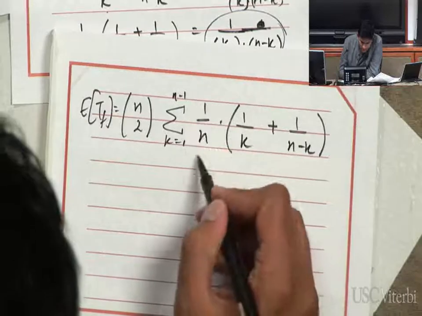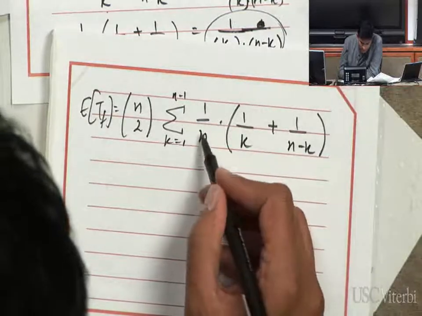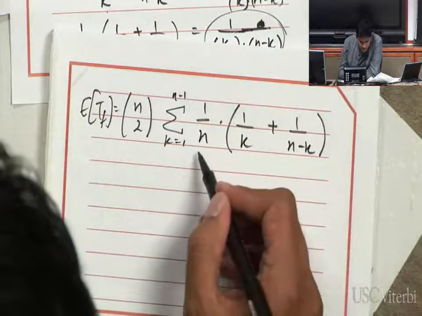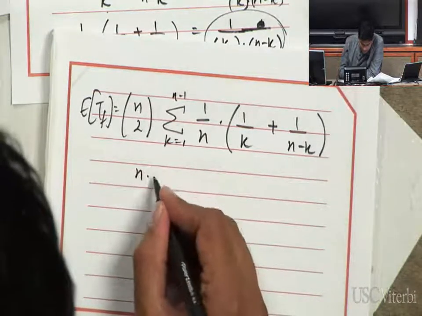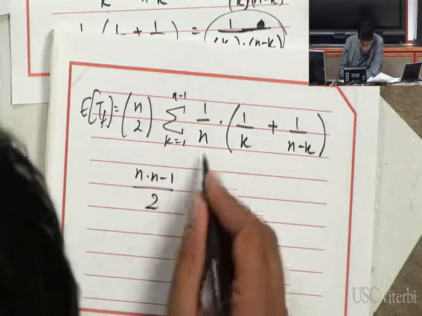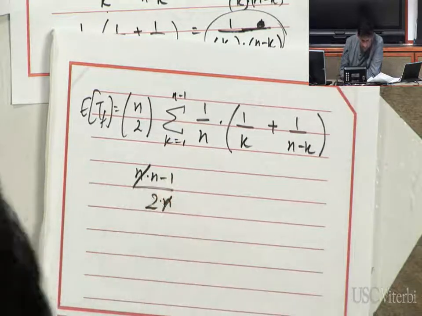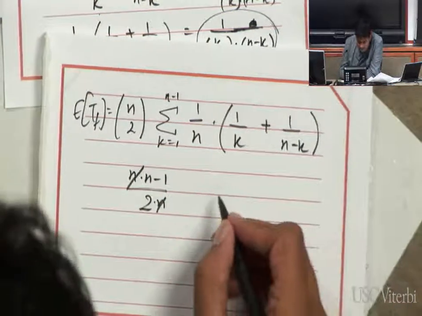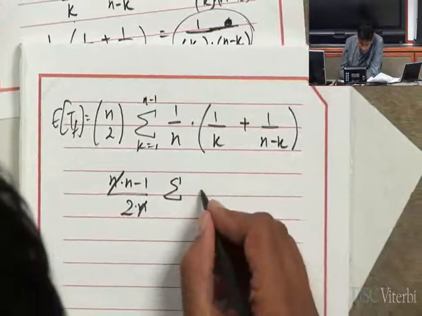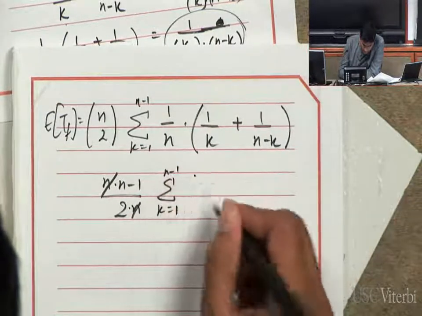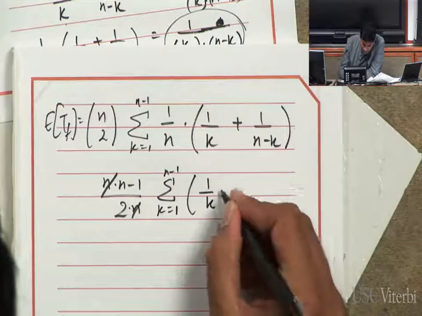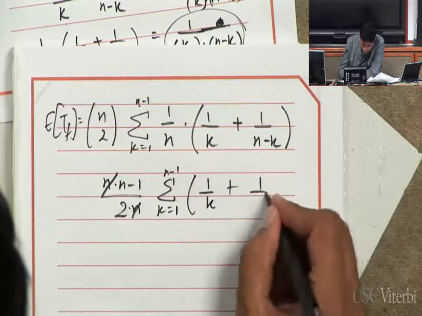This term on the outside of it, the product, has actually nothing to do with the summation. It has no k in it. We can pull it out. So we get n choose 2, which is n times n minus 1 over 2. We have this n over here, so it'll cancel this n. And then we're left with a summation of k goes from 1 to n minus 1 of 1 over k plus 1 over n minus k.